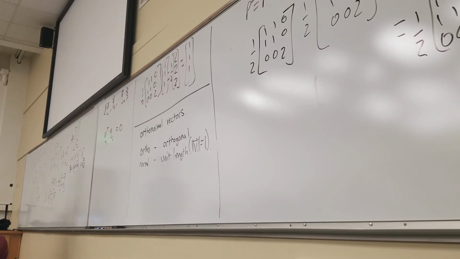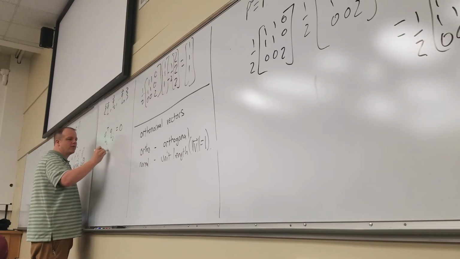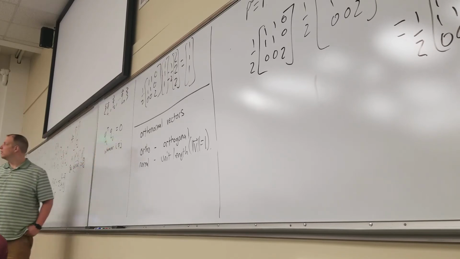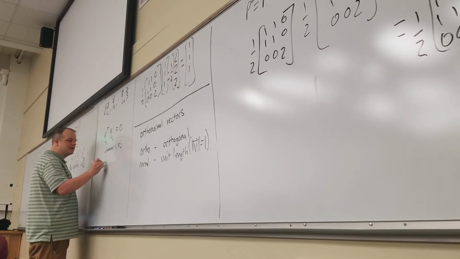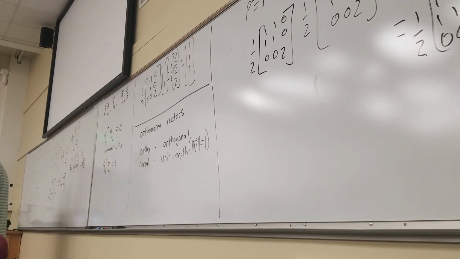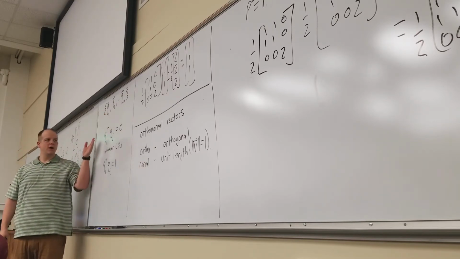So Q_i with Q_j is 0 whenever i is not equal to j, right? Now on the other hand, what is Q_i transpose Q_i? Should be 1, because you do the dot product of a vector with itself and you get its magnitude squared, but if its magnitude is 1, 1 squared is 1. So that's really what we got going on here. Whenever we have a set of orthonormal vectors, they will have these two properties.